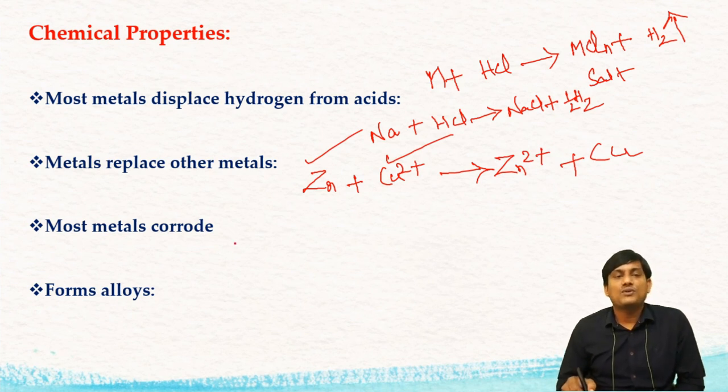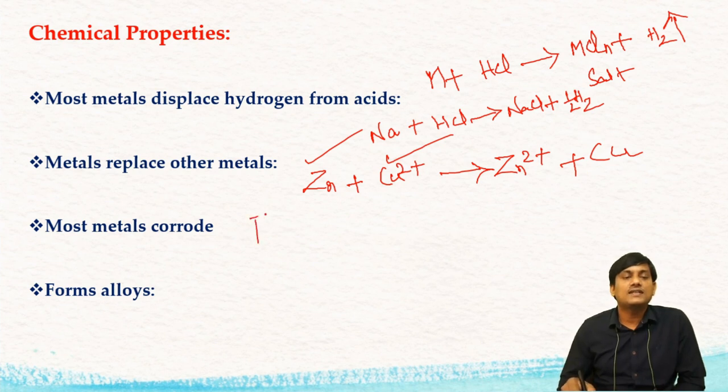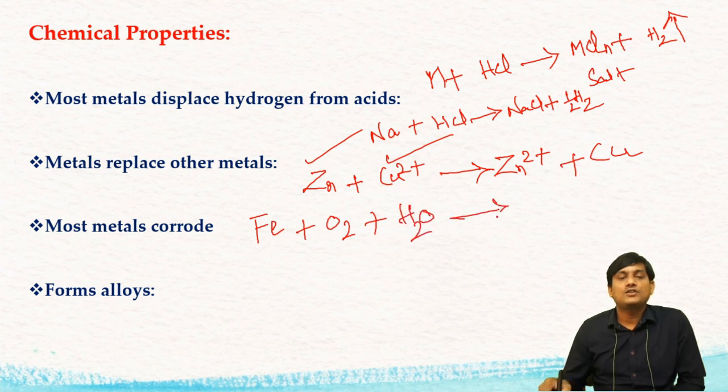Most metals corrode. There is a corrosion of metals in atmospheric conditions. If you take iron, there is rusting of iron due to formation of hydrated oxide, Fe2O3·xH2O.